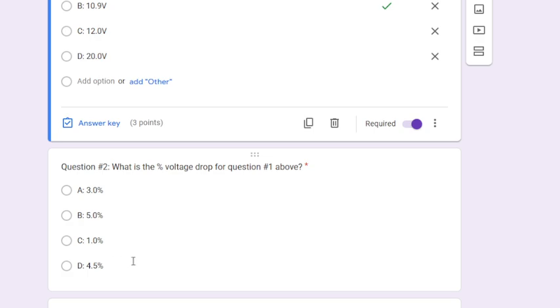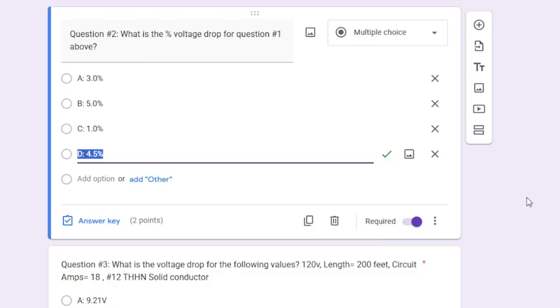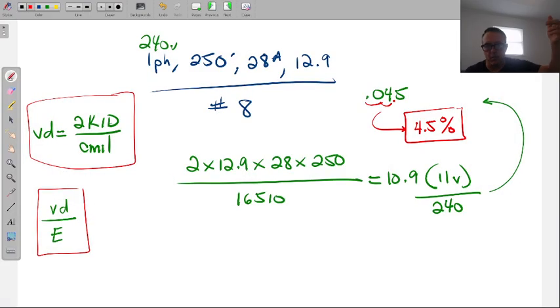And there, the 4.5 is what we came up with. So it'll be D, 4.5. Can you go back to getting the answer again? Yep, absolutely. So don't forget that question 1, B, question 2, D. All right, so here's how we got the answer.